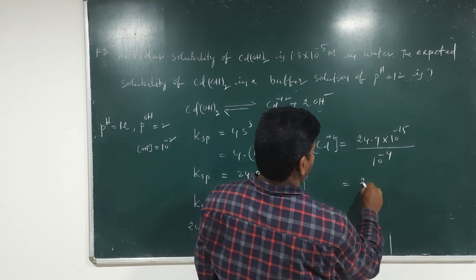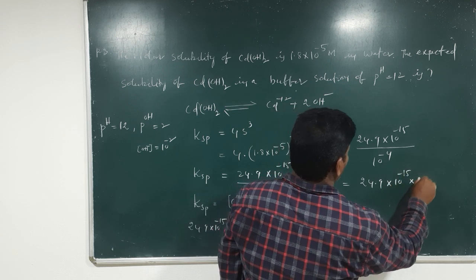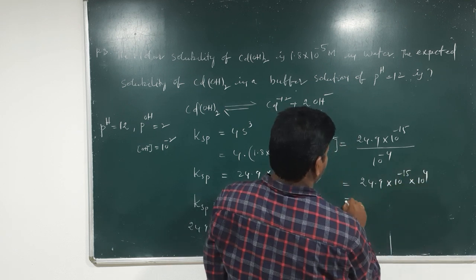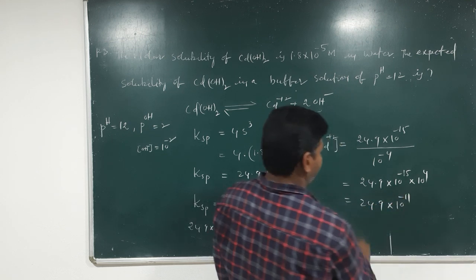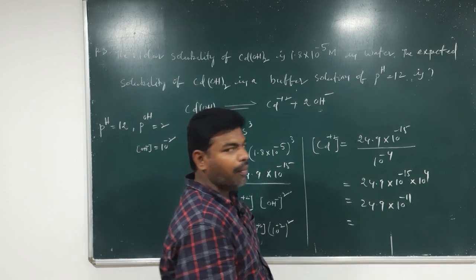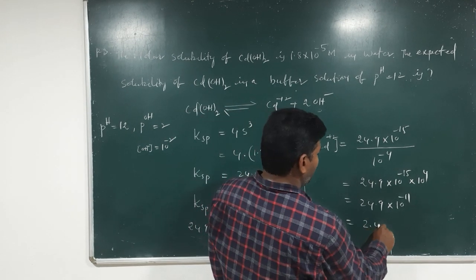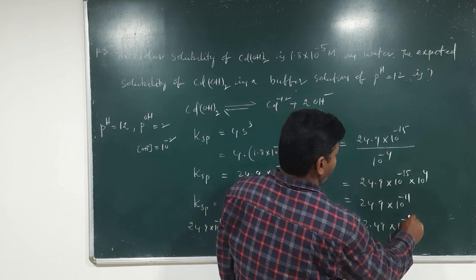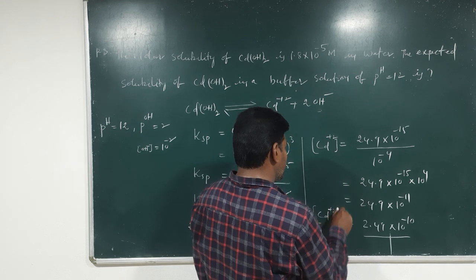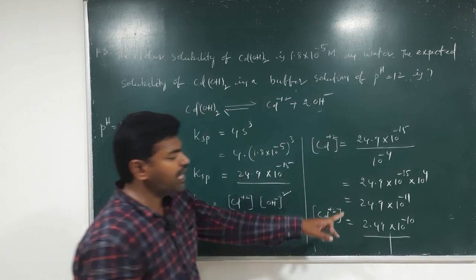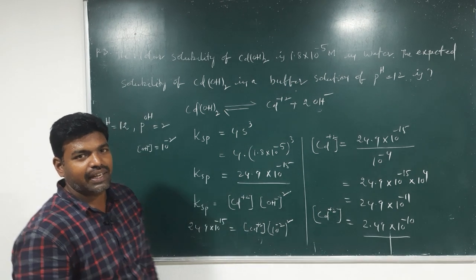This is 24.9 into 10 to the power of minus 15 into 10 power 4, that is 24.9 into 10 to the power of minus 11. If you multiply by 10 and divide by 10, it is 2.49 into 10 power minus 10. So the expected solubility of cadmium plus 2 is 2.49 into 10 to the power of minus 10. Right? Next problem.